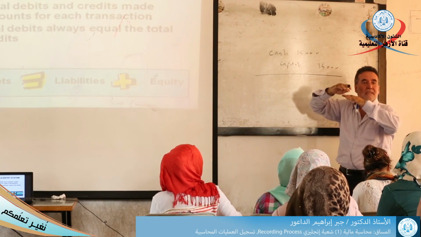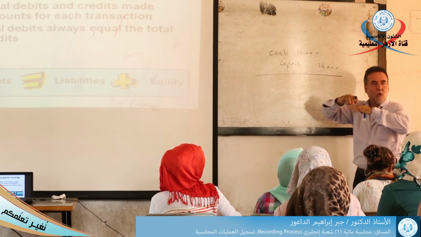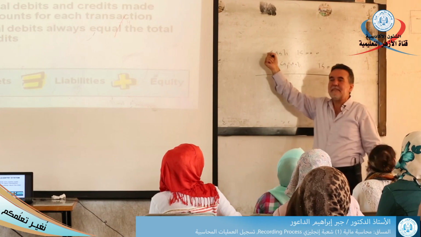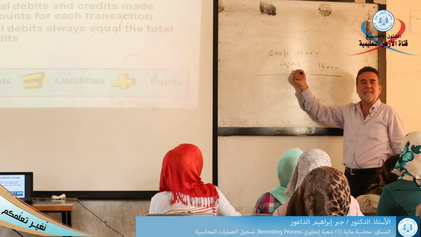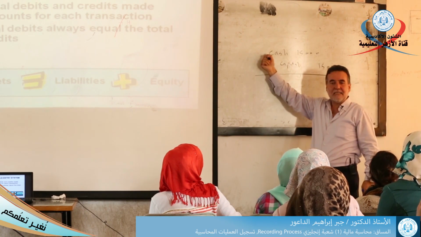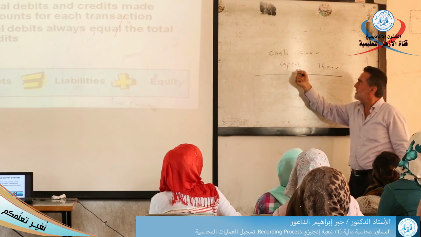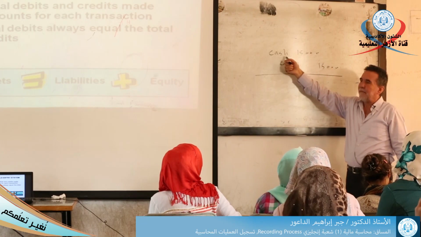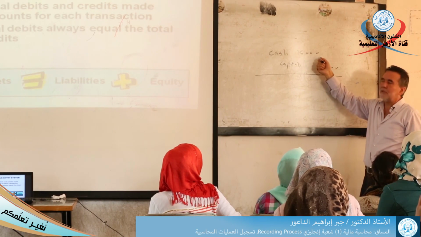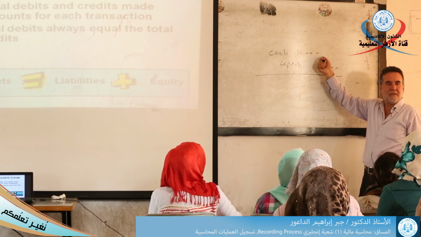Then we'll start any double entry by the debit account. The next, a credit account. Debit DR side, CR side. After the name, put the amount.